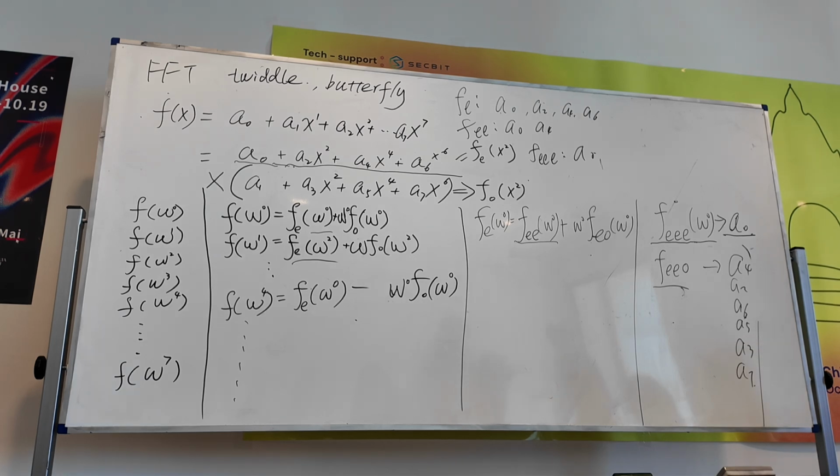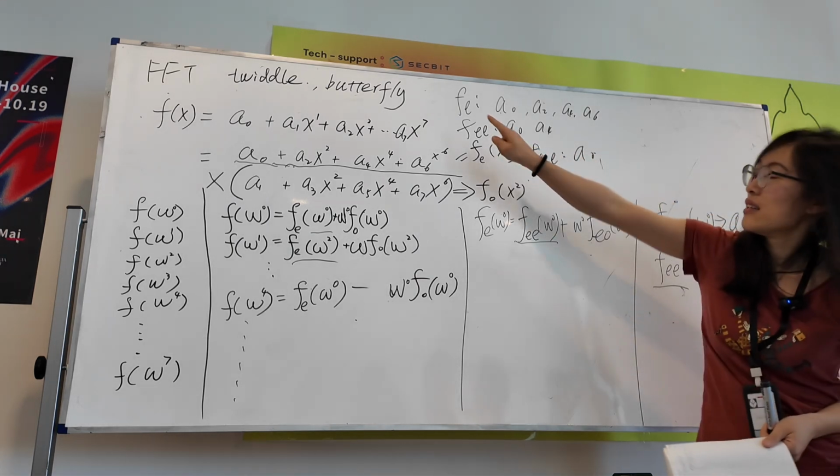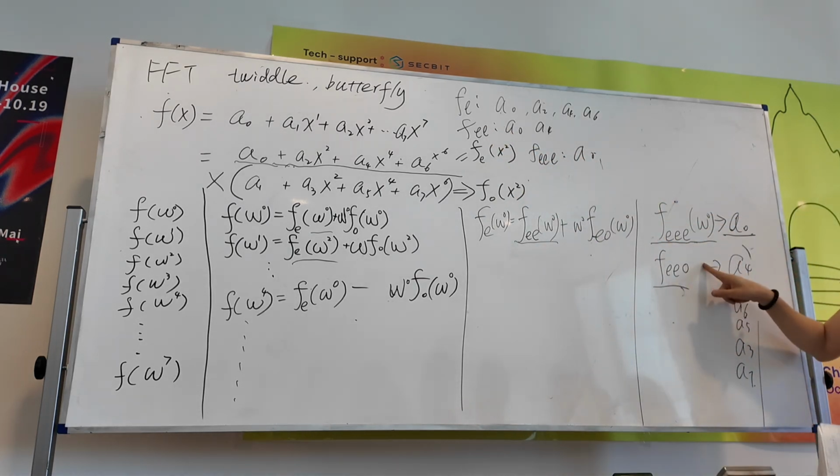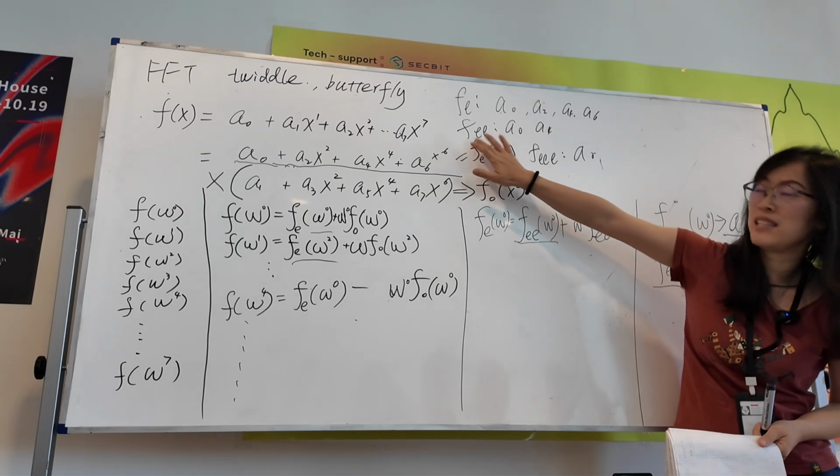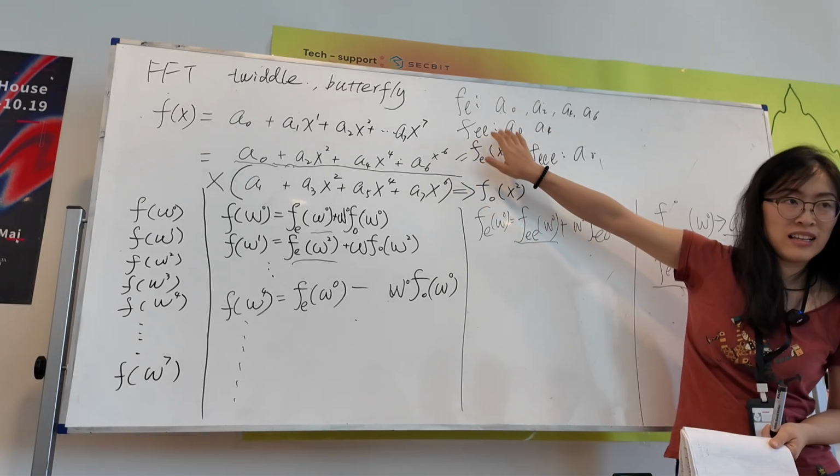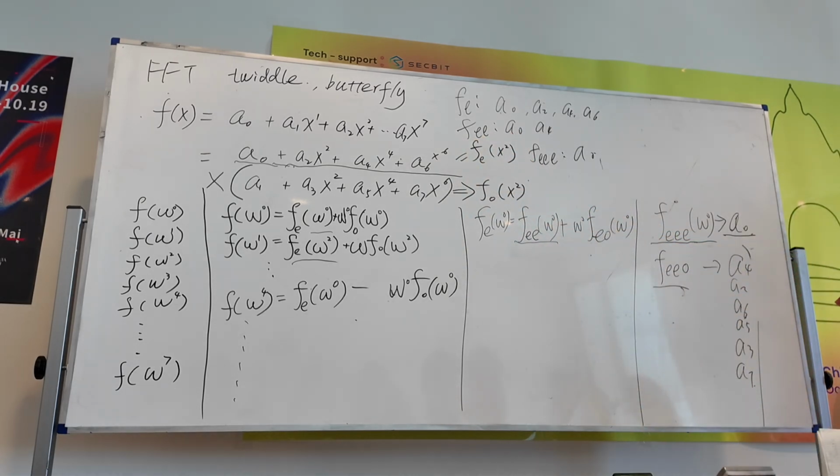Actually, EEO is not 4, right? EEO is 1. FEEO comes from FEE, right? I think E stands for 0, so EO means 0, 0, 1, so that one should be 1.